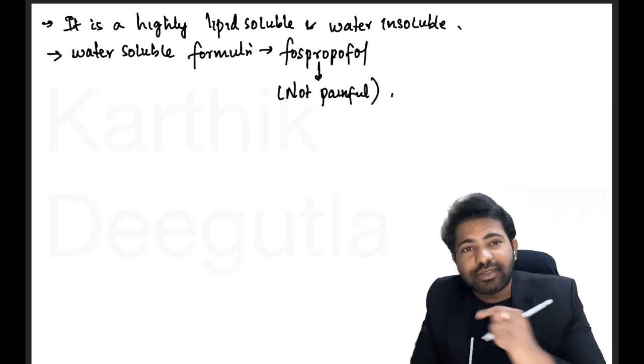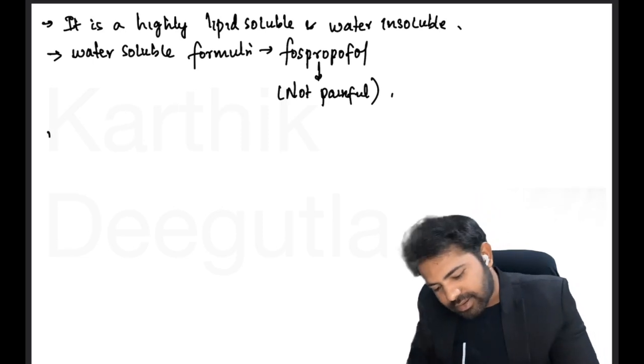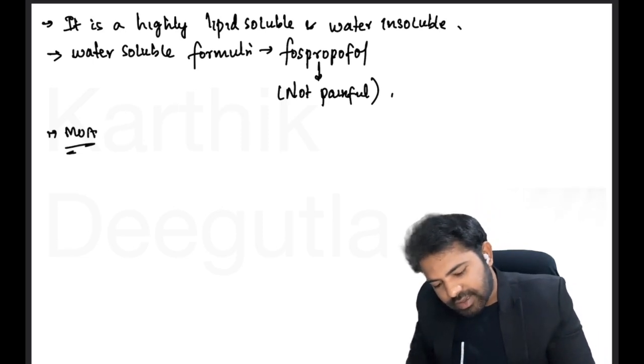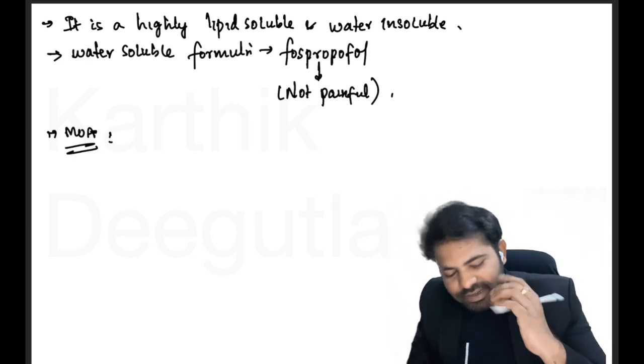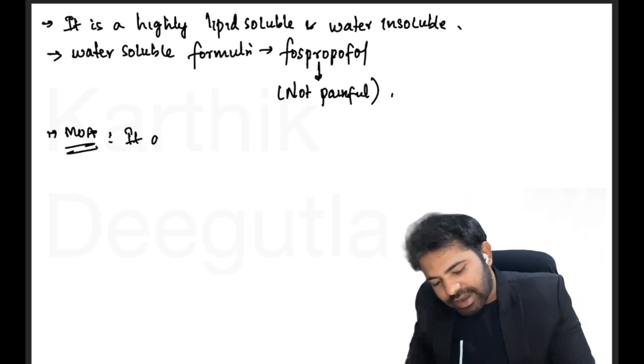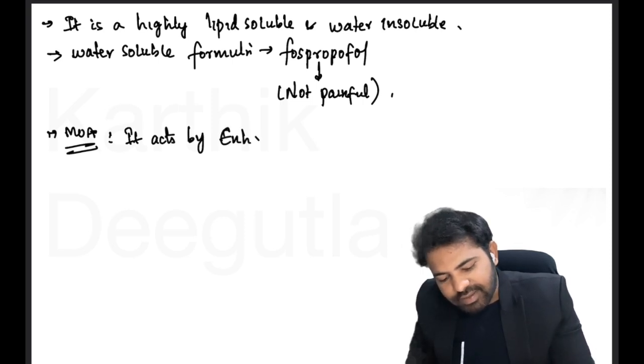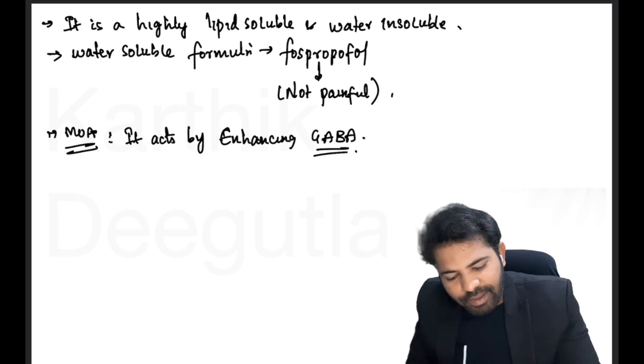Alright. Now what is the mechanism of action of propofol? It mainly acts by enhancing the GABA mimetic action, which will cause the hypnotic effect of propofol.